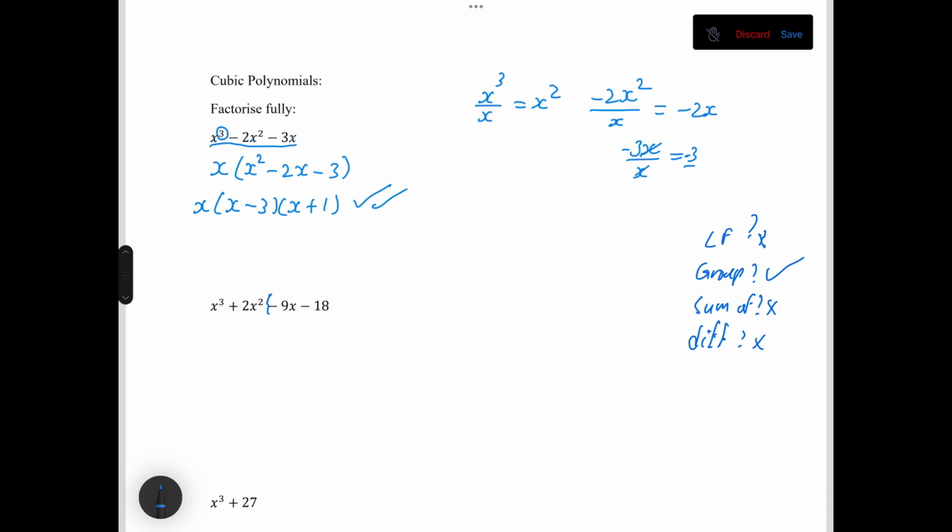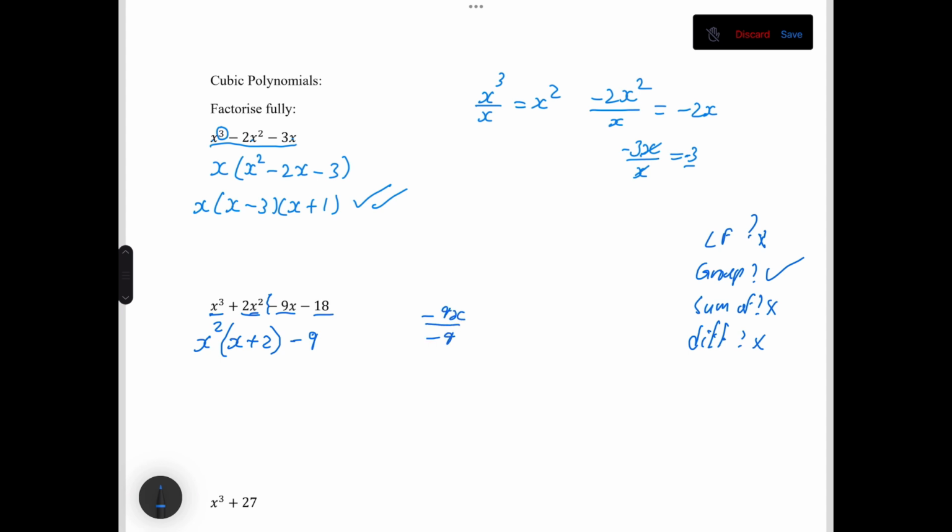And then we take the common factor of the front part. That's going to give me x squared, open bracket, what's left is x plus 2. That's if you divide each term by the common factor. Our common factor on the right is negative 9. So we take negative 9x over negative 9.